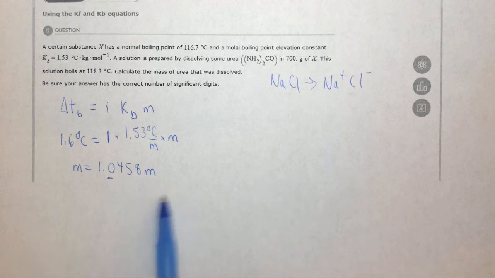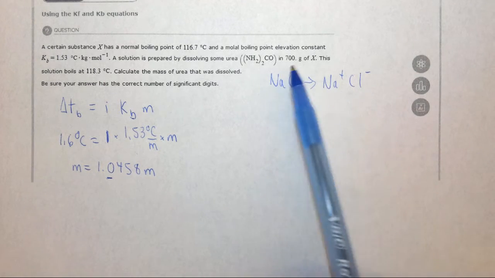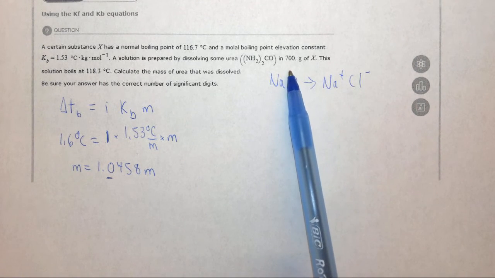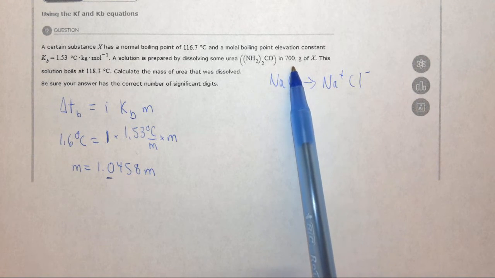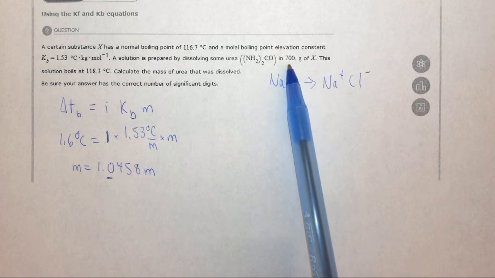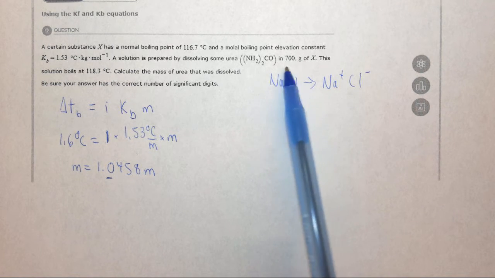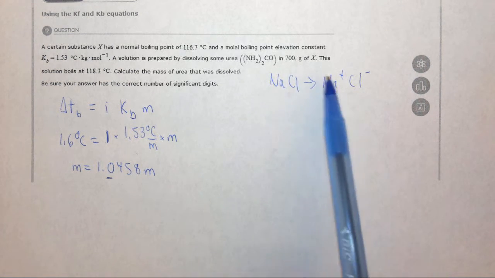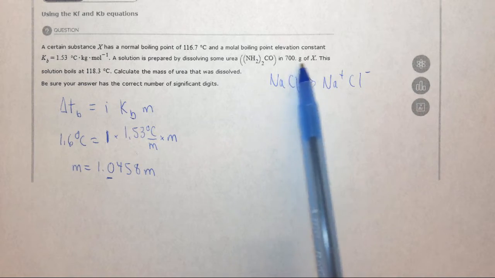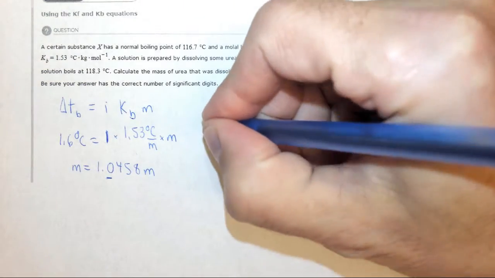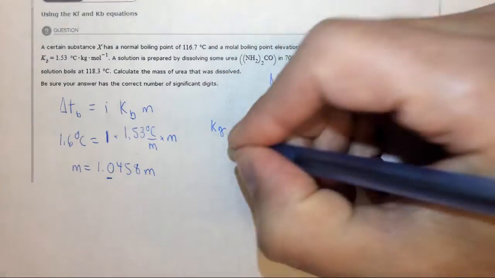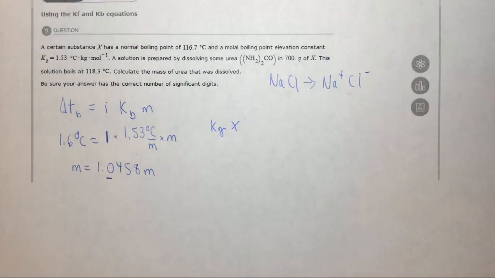Now that we know the concentration of the solution, we essentially have a dimensional analysis problem. And again, there are many ways to do this, but I'm going to do it using dimensional analysis. So we have grams, okay, because this is moles per kilogram. We want to start with kilograms. We have to divide that by 1,000. So we have kilograms of X, the solvent.